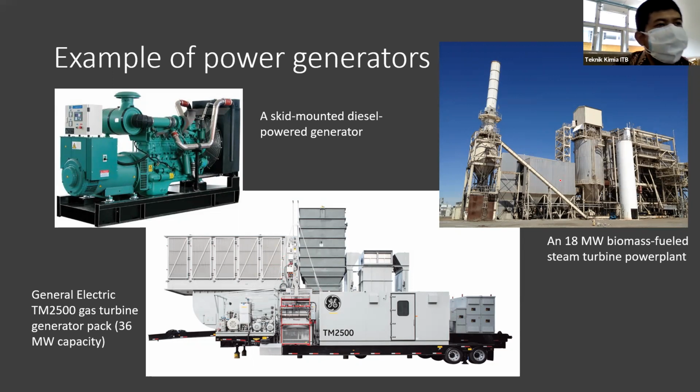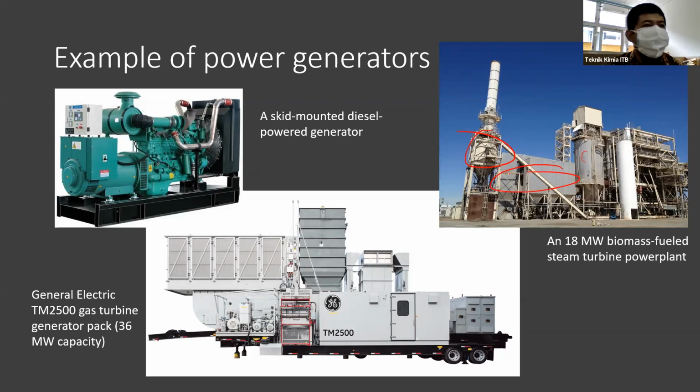And the third one is the steam turbine. So this one, the furnace, I'm not sure. Maybe some of this is the generator, the steam turbine or anything like that. Maybe this one is the boiler, and this one is the furnace, or I'm not sure.